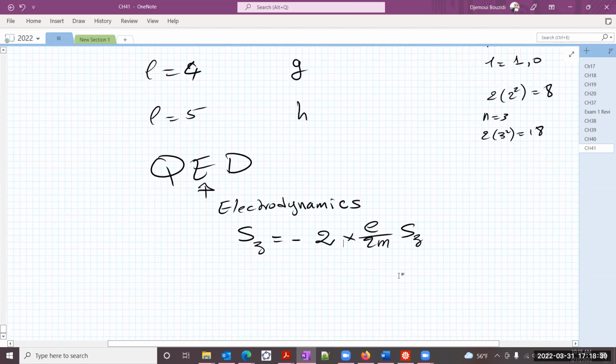Well, the experiment did not agree with him. The experiment found that this number, called the gyromagnetic ratio, is not 2, but 2.00232. So there was something missing in his calculations.